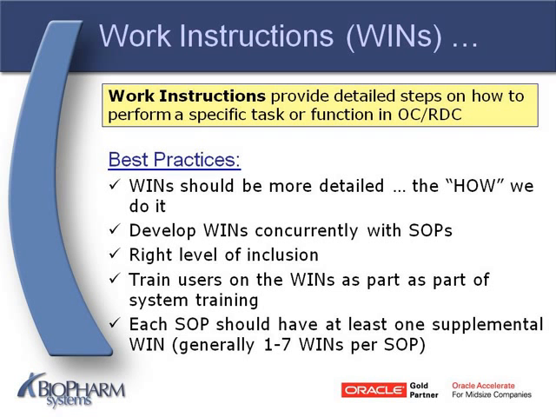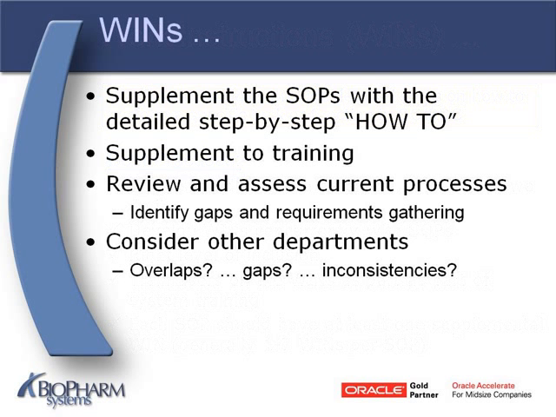In most cases, what I've seen, there's anywhere from 1 to 7 or 8 WINs per SOP, and the WINs are usually lengthier, they're meatier. Again, they have that detailed how-to step-by-step information. They supplement the SOPs. They also supplement your training so that when you have new people come on board, this includes the step-by-step how they should be doing things.